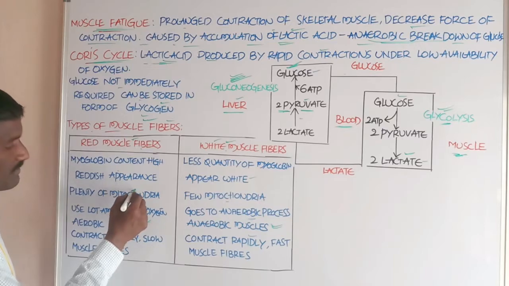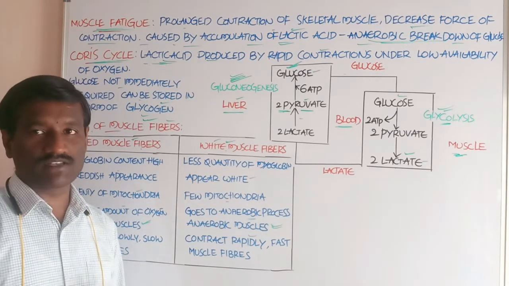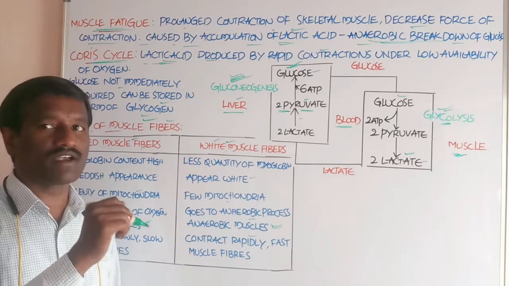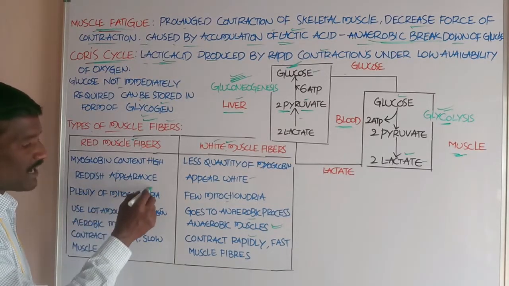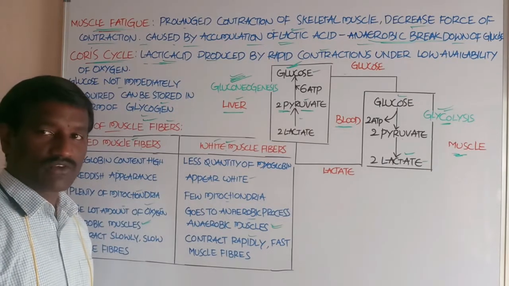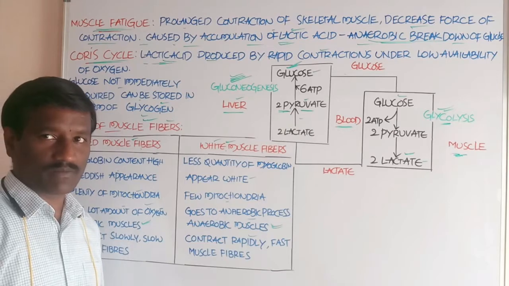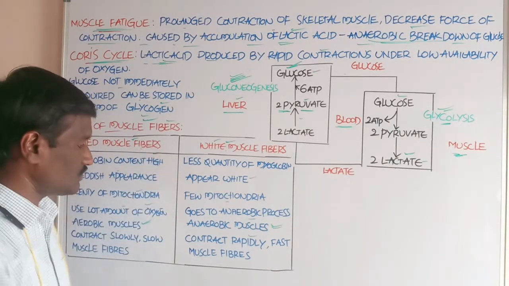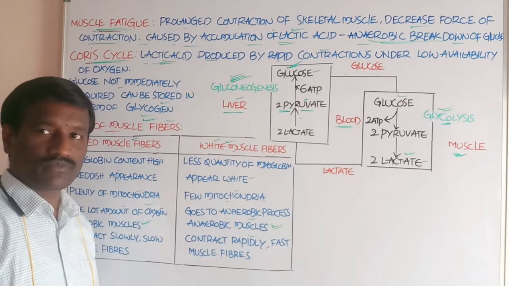Next, there are plenty of mitochondria in the red muscle fiber, which use a lot of oxygen during aerobic respiration while producing energy. Few mitochondria are present in the white muscle fiber.